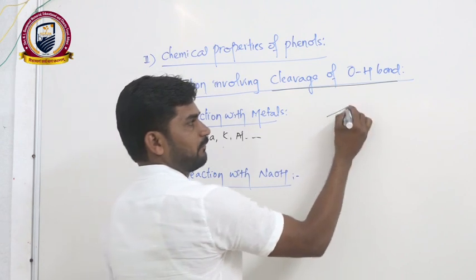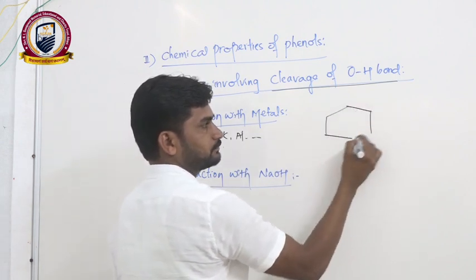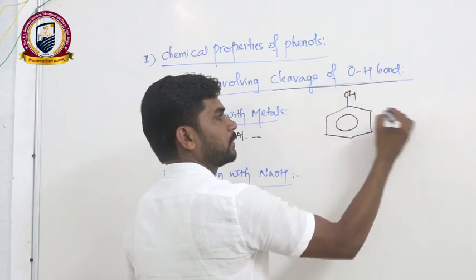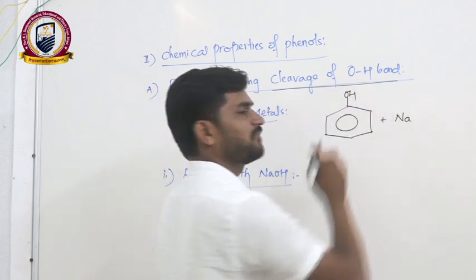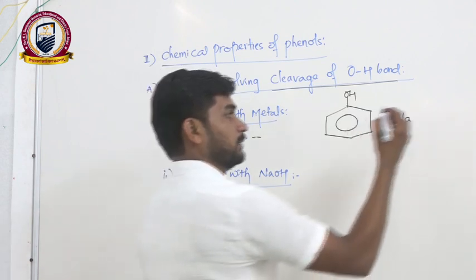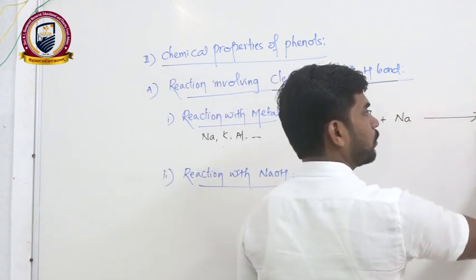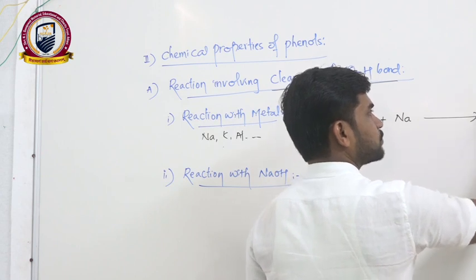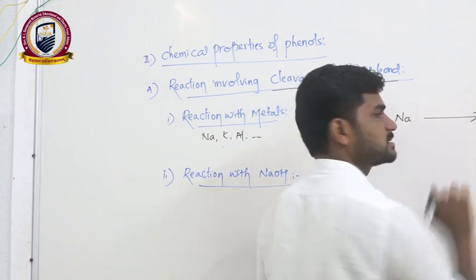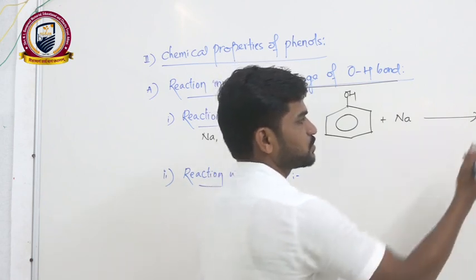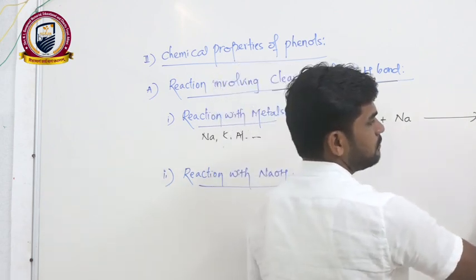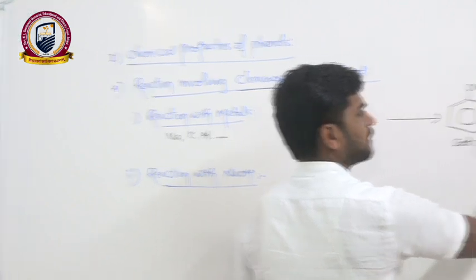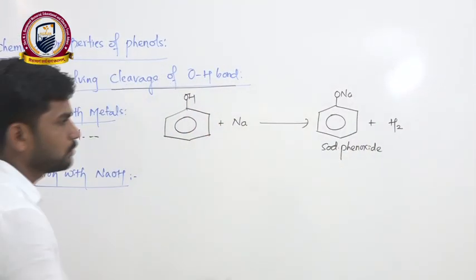That is, phenol on treatment with an active metal, say for example sodium, forms the compound called sodium phenoxide, C6H5ONa, with the liberation of hydrogen gas.